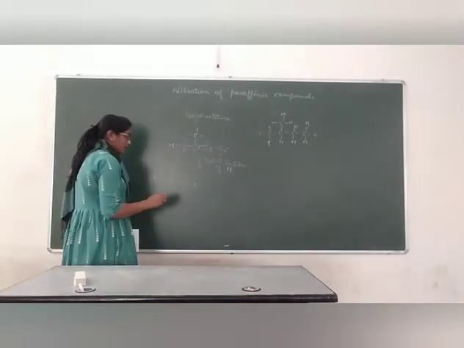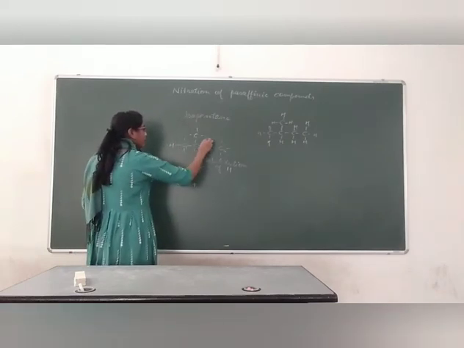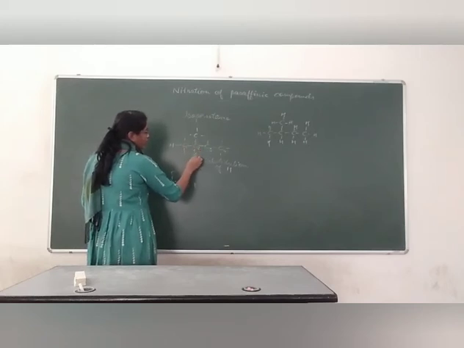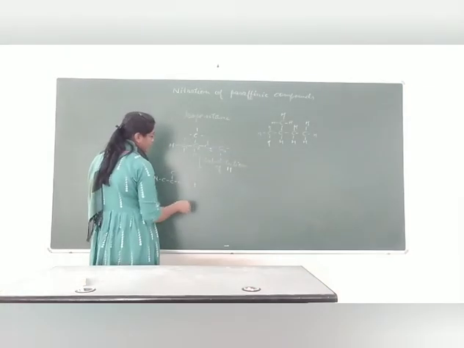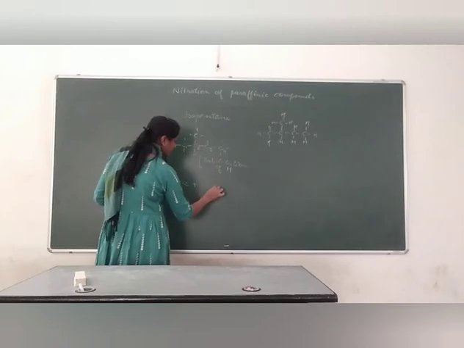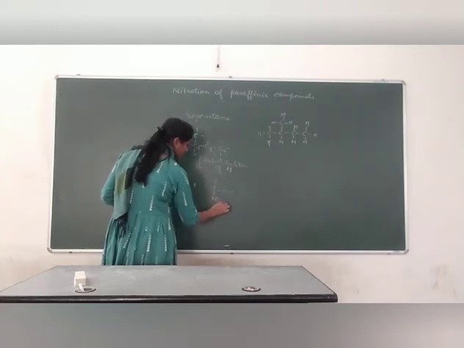Plus another isomer will form like this. The hydrogen of the C2 carbon will be substituted by a nitro group. Then the nitro group is attached here. So carbon, carbon, here carbon. This is the whole carbon skeleton, and the nitro group is attached over here.